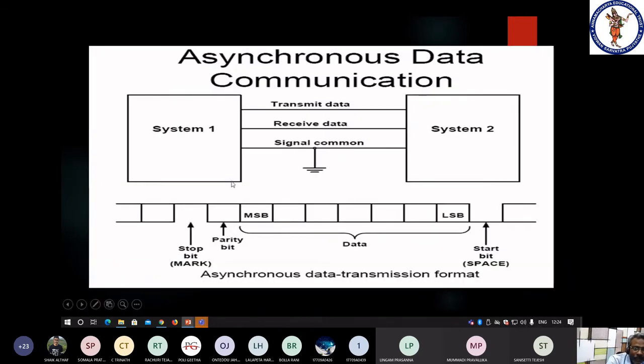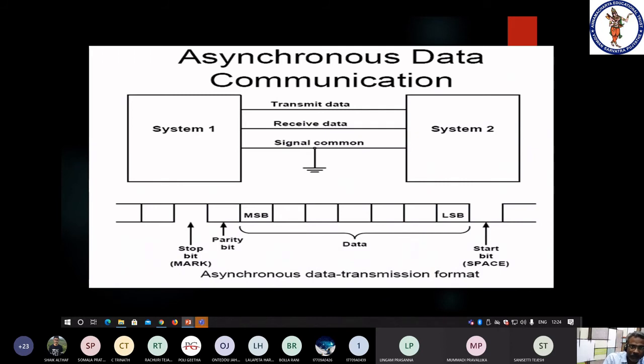But coming to asynchronous communication, for every byte, 2 bits are added. One is the start bit, another is the stop bit. Please listen carefully. Every character is represented using 8 bits.